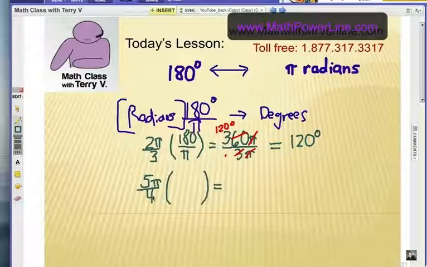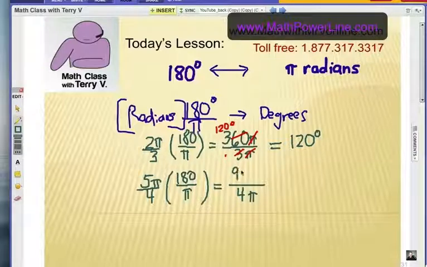Convert 5 pi over 4, which is 5/4 pi, into degrees. We're going to use the conversion ratio of 180 over pi, because remember that 180 degrees is the same as pi radians. Let's put that together. It'd be 900 pi over 4 pi.